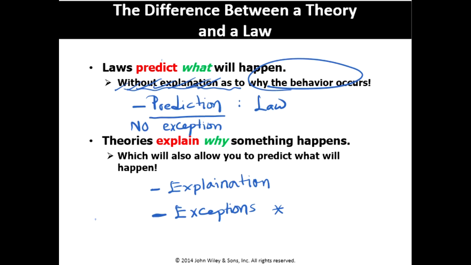Another one, whenever we talk about laws, laws never expire. There is no expiration date for laws. But for theories, we have an expiration time. So, for example, we say Dalton's atomic theory. We may say Bohr's atomic theory.